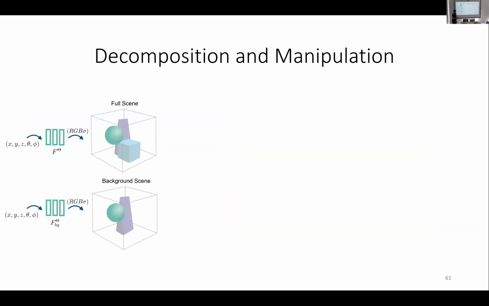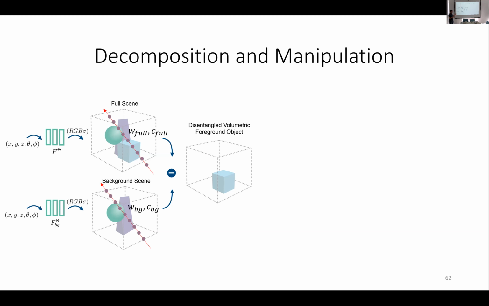So now, if we want to perform decomposition and manipulation, we have the full scene, and we have the background scene that we represented volumetrically. And now, in order to get a representation of the foreground, we can simply subtract the background from the full scene. More specifically, the way we do this subtraction is by considering the weight and color of each point along the ray, and then simply subtracting the weight of the background from the weight of the full scene, and similarly for the color values.